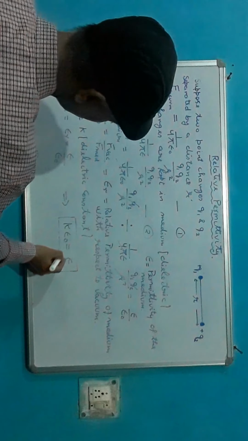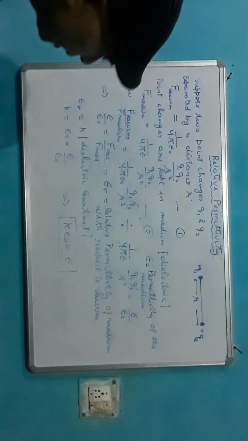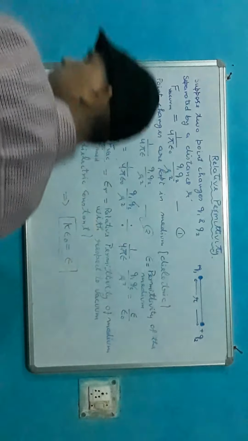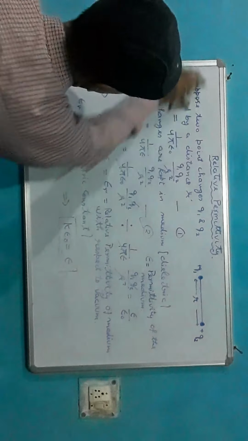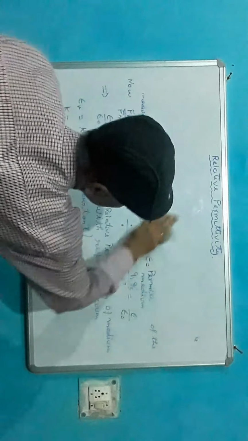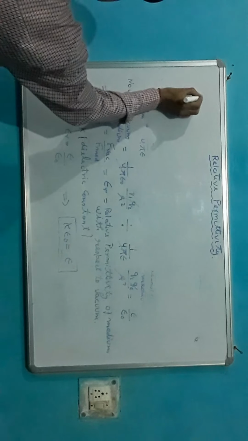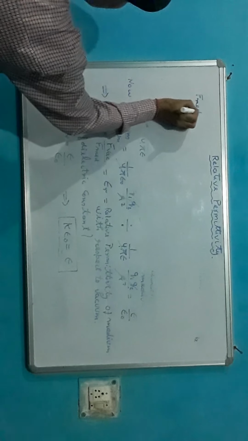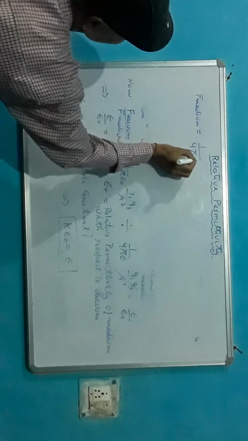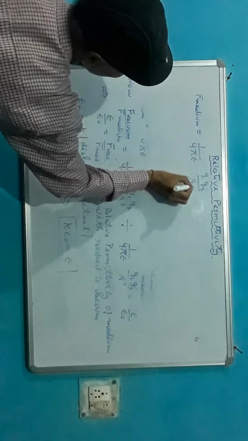Now I am going to put the value of epsilon in equation number two, and let's see what result I get. Therefore, when I place the value in F medium, what will be the F medium? 1 upon 4 pi epsilon, q1 q2 upon r square.